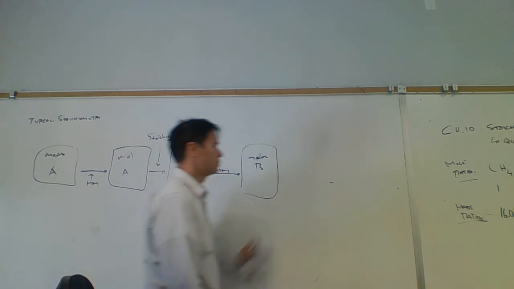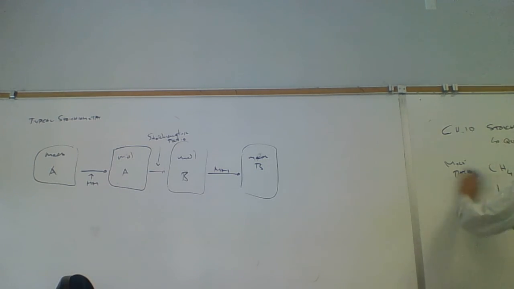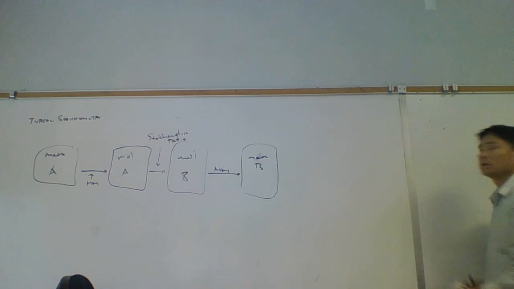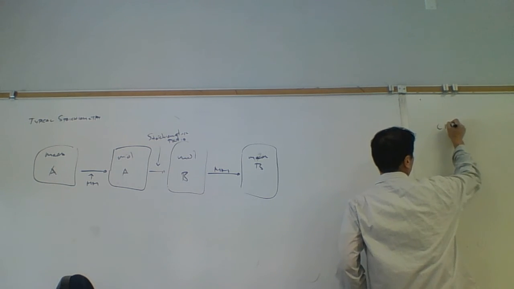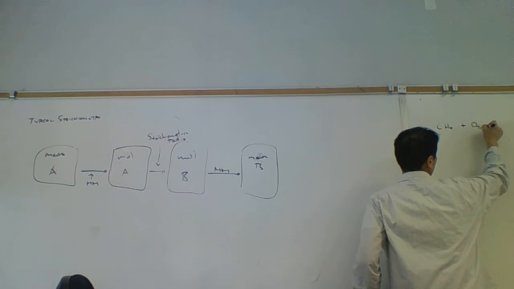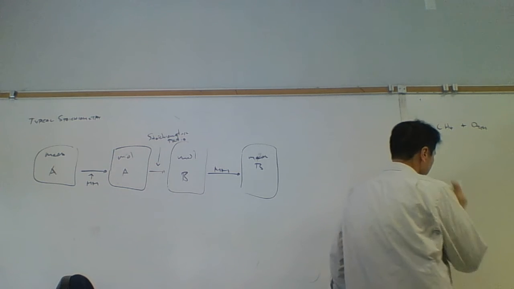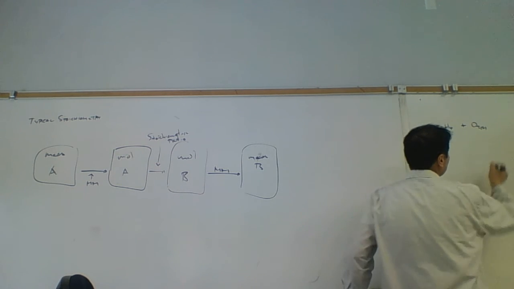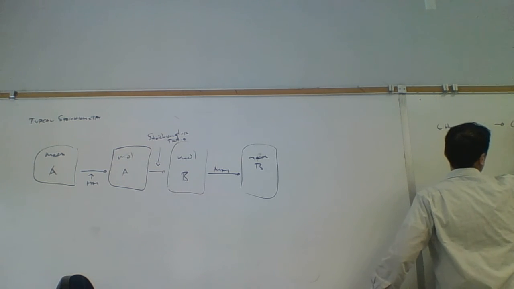And so let's do a typical stoichiometry calculation here. This typical stoichiometry calculation is going to look like this. We'll take methane, CH4, and O2. And this is going to produce CO2 and water.